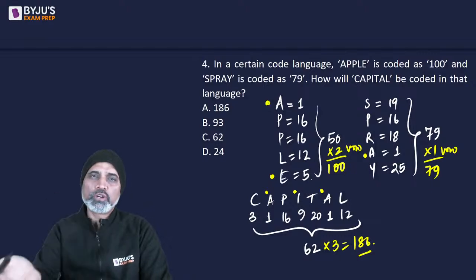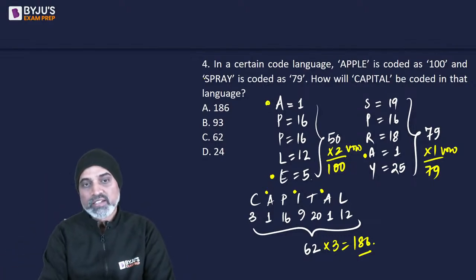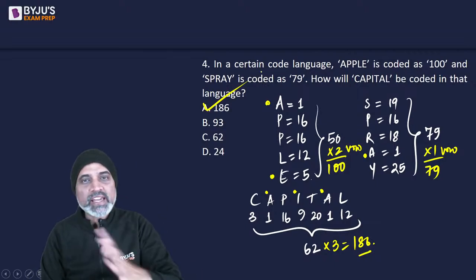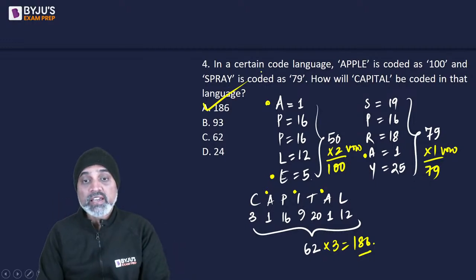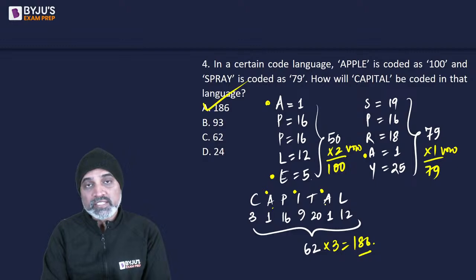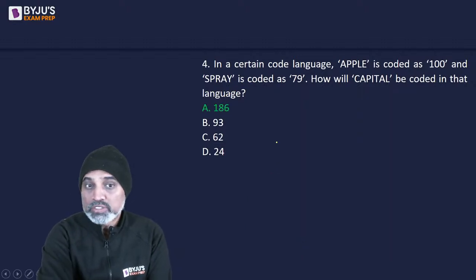It has got more importance as compared to a specific letter, right? So 186 makes more sense than 62 because P ek random letter hai, right? Uske liye we can't do that. Because if A is twice here, one letter which is twice, it should have been 124, but 124 is not in the options. So 186 makes more sense. 186.